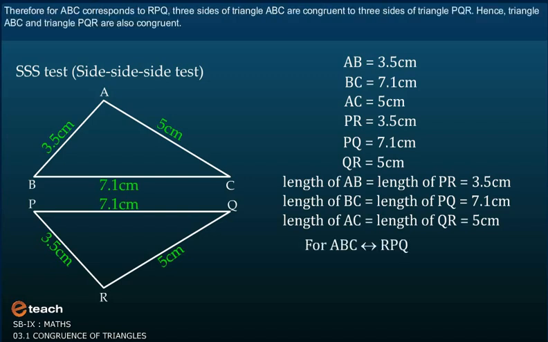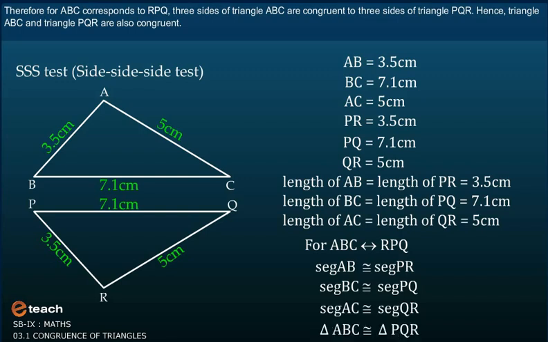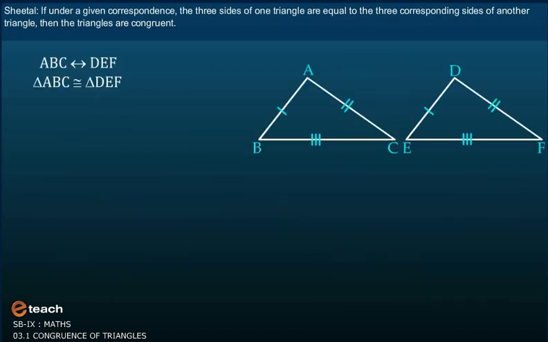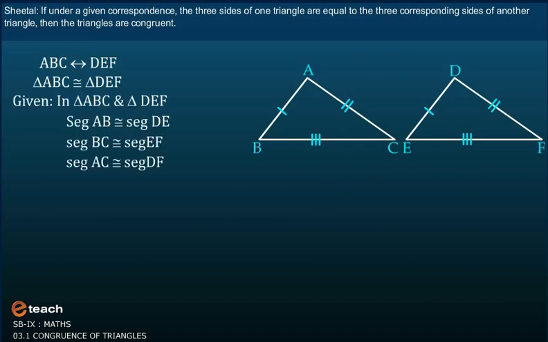Therefore, for ABC corresponds to RPQ, three sides of triangle ABC are congruent to three sides of triangle PQR. Hence, triangle ABC and triangle PQR are congruent. Sheetal says, if under a given correspondence, the three sides of one triangle are equal to the three corresponding sides of another triangle, then the triangles are congruent.